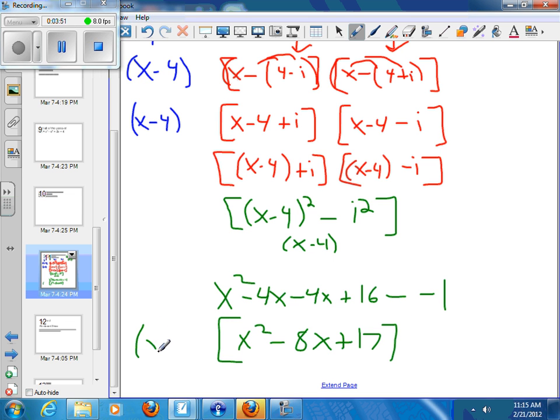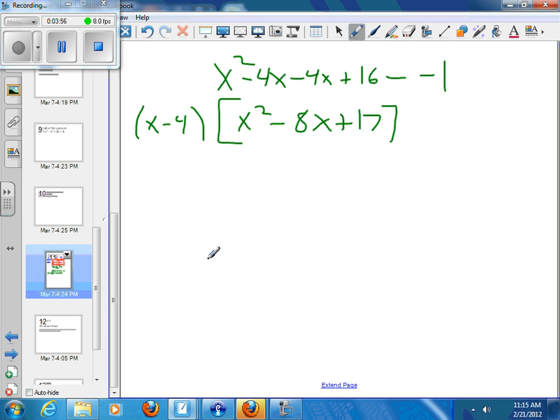And then I'm ready to put back on my x minus 4 out front. Yep, this is long and forever. Keep going now. We're going to distribute the x, and then we'll distribute the negative 4. So distributing the x here, that becomes x cubed minus 8x squared plus 17x.